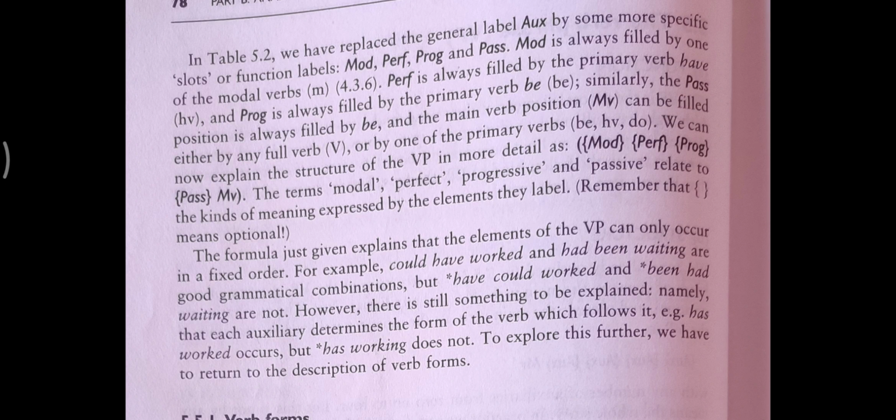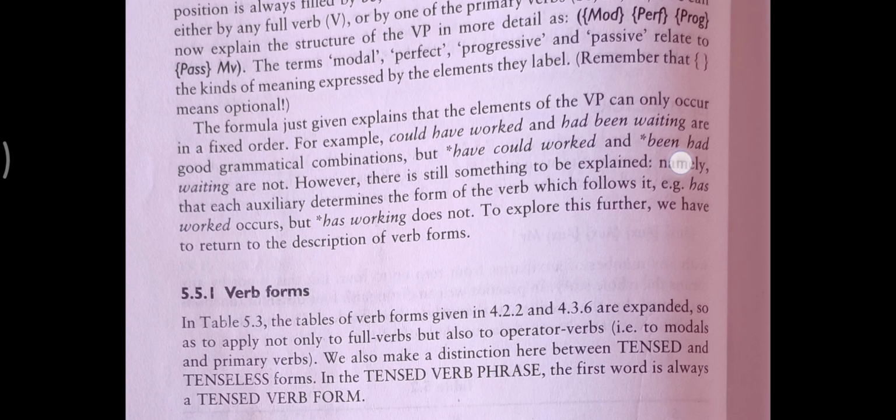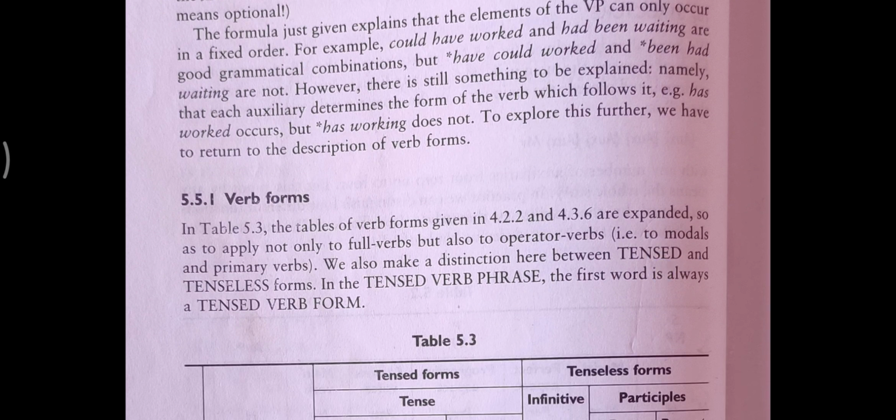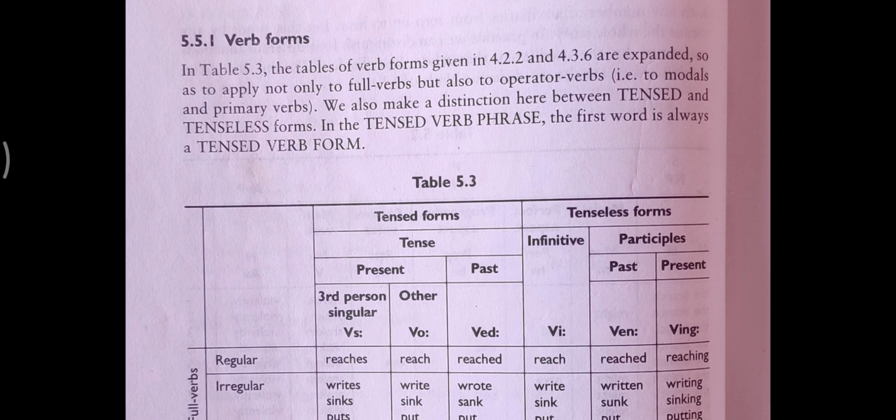Modal auxiliary comes first, perfective aspect second, progressive next, and passive next before the main verb. Modal, perfect, progressive, passive are related to the kinds of meaning expressed.